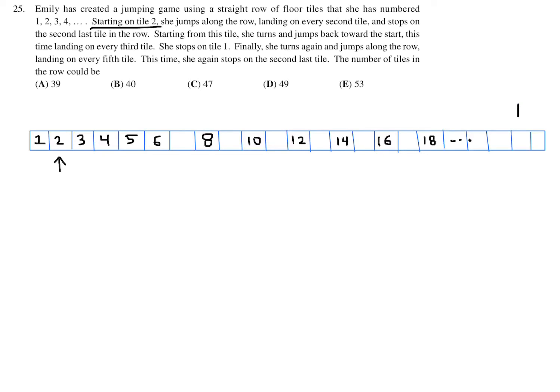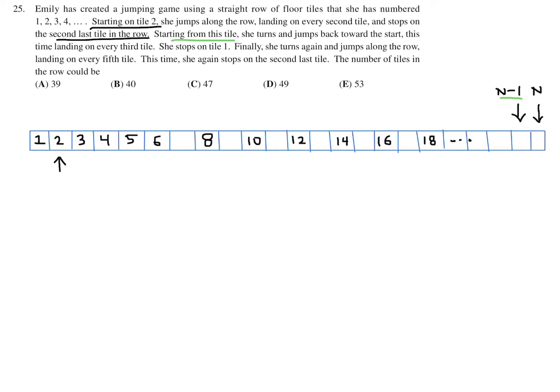So I'm going to make this my second last tile. Okay? So if the number of tiles, I'll call it n, this is n minus 1, the second last tile. So then she starts to go in the other direction. Starting from this tile, n minus 1, she turns and jumps back toward the start, but this time every third tile.